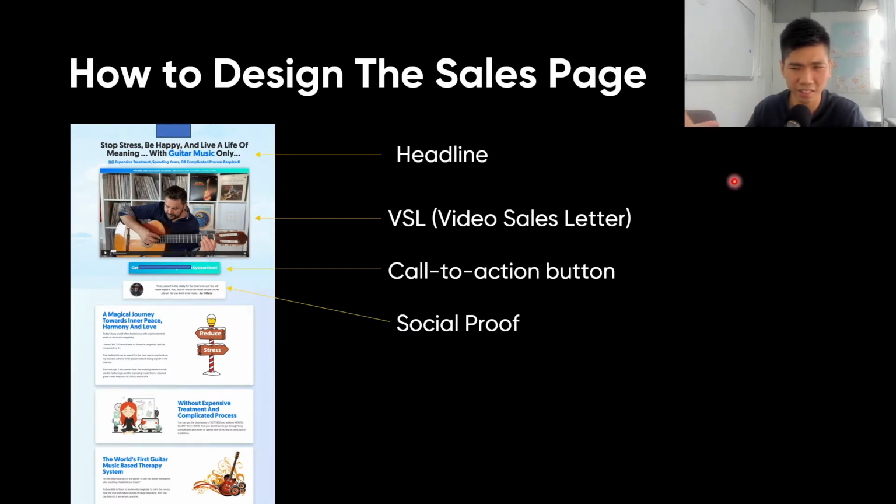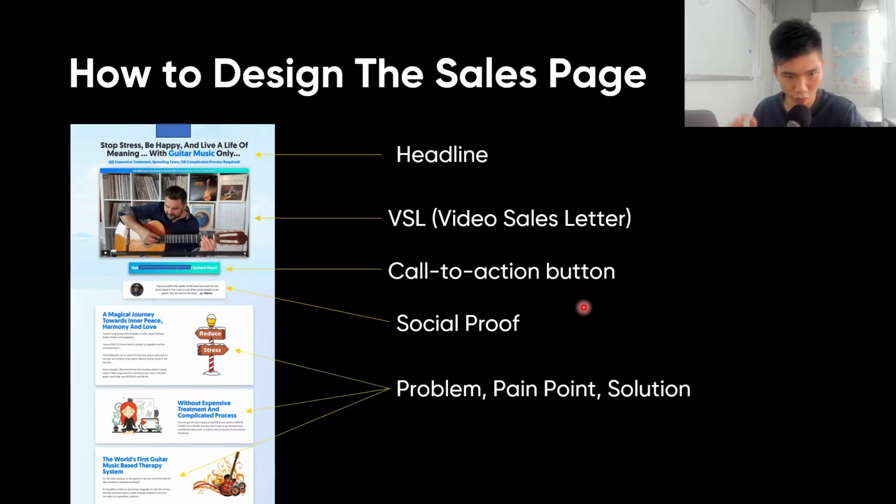If they are still not convinced or are sitting on the fence, that's where the copy does the job. The copy will talk about the problem, the pain point, and the unique solution: how to solve those problems, how you can relieve those people of the pain point.